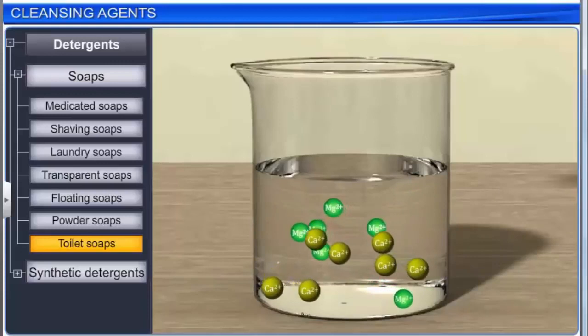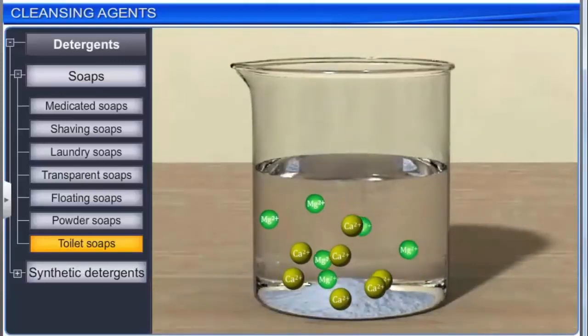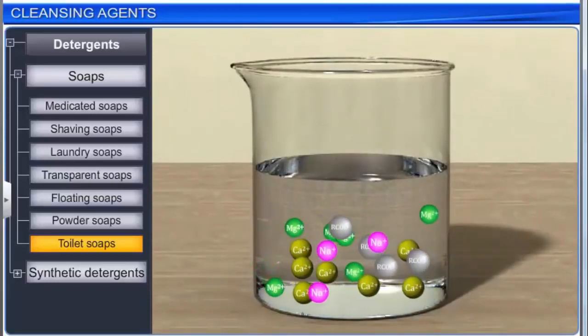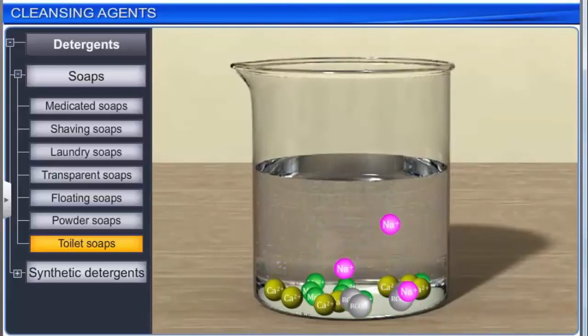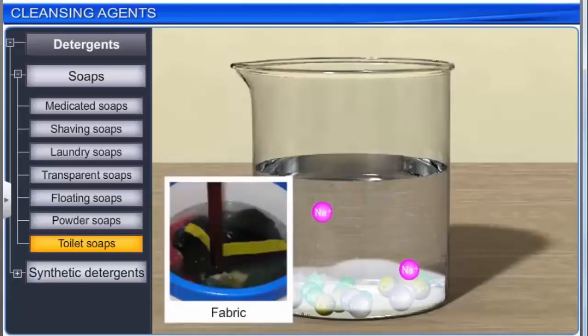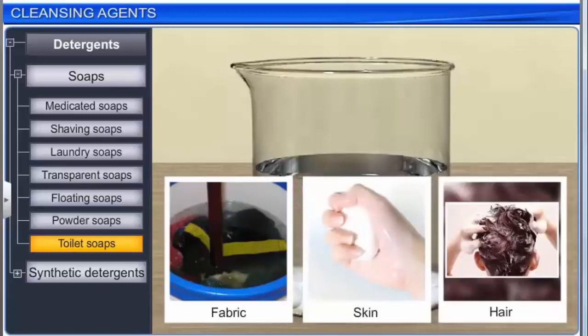When these ions come into contact with sodium or potassium soaps, they form insoluble calcium and magnesium soaps, thus rendering them useless as cleansing agents. Calcium and magnesium soaps form a white precipitate called scum in water and hinder cleaning by sticking to the cloth fiber, skin, or hair, thus preventing the formation of lather.